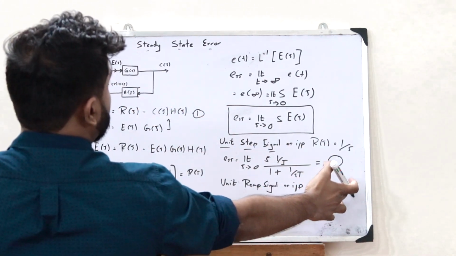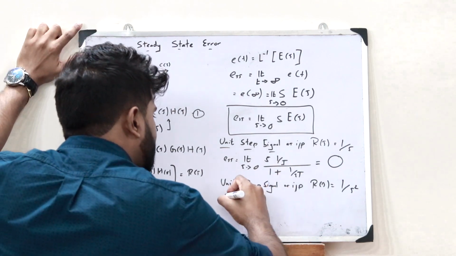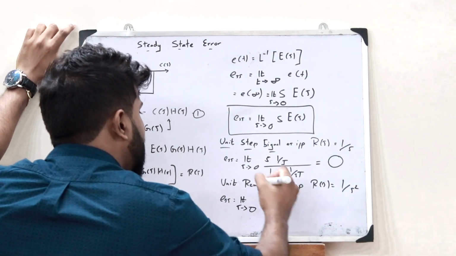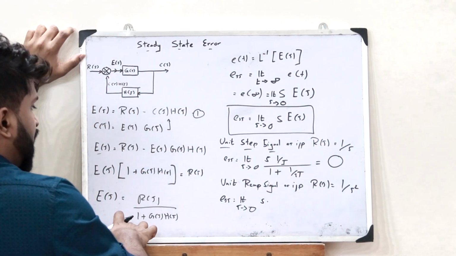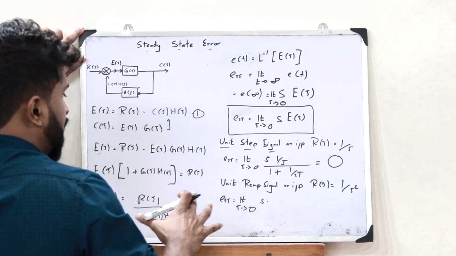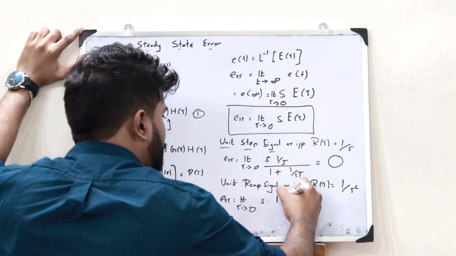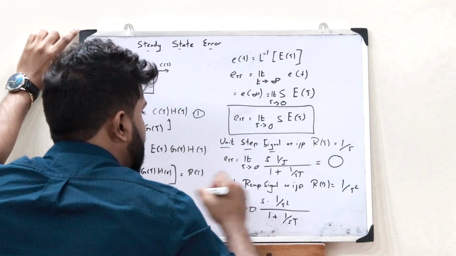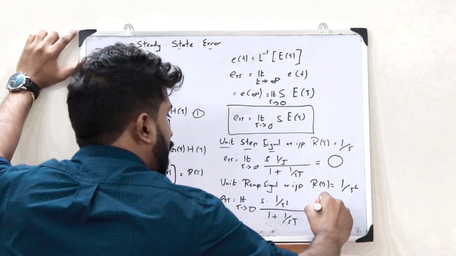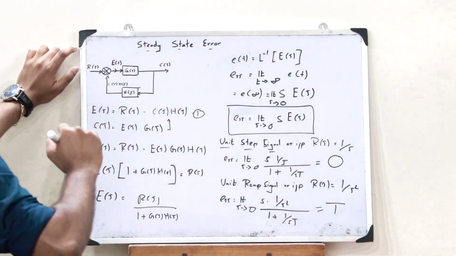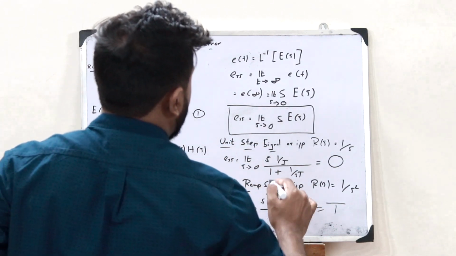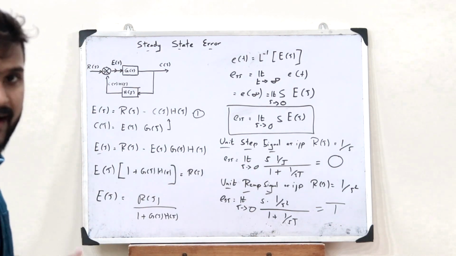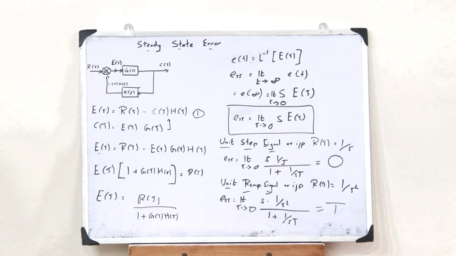Substituting this, the steady state error ESS is equal to limit S tends to 0 of S into R of S divided by 1 plus G into H, but R of S here is 1 by S squared, so this becomes 1 by S squared divided by 1 plus G of S into H of S. Therefore, these are the steady state errors in the case of a unit step signal and a unit ramp signal. As simple as that, guys. There's nothing more to it.